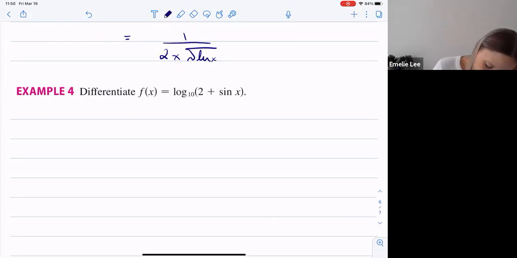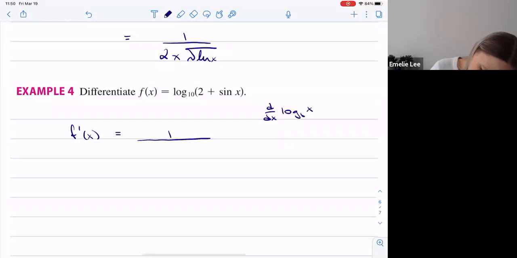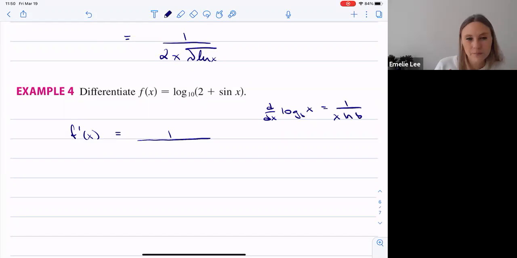So going straight for the derivative, f prime of x is 1 over, and maybe what I'll do is I'll say d dx of log base b of x is 1 over x times the ln of b, just as a reminder. So then the derivative of the outside is log base 10, evaluated at the inside. So x is still going to be 2 plus sine x.